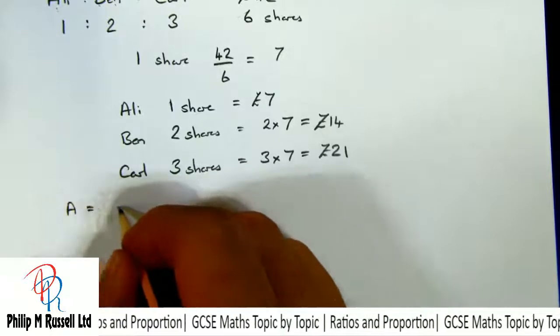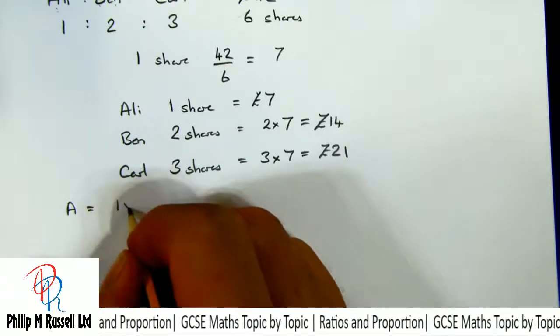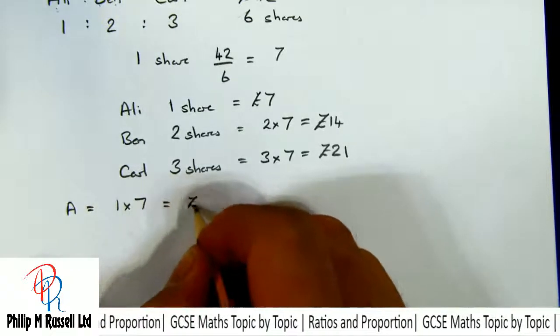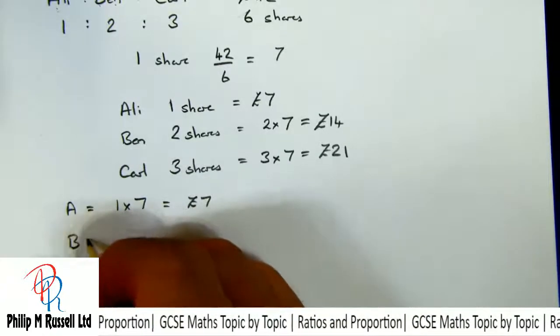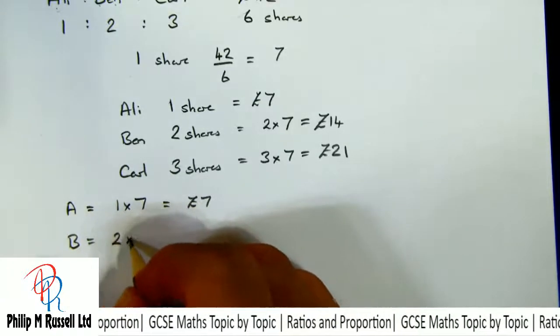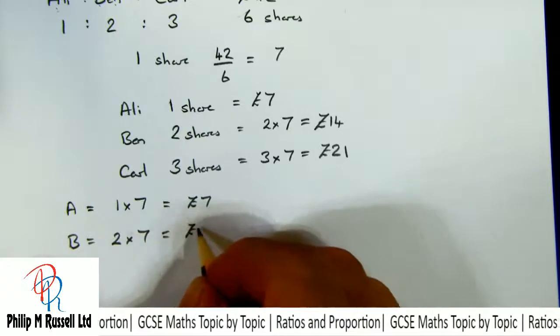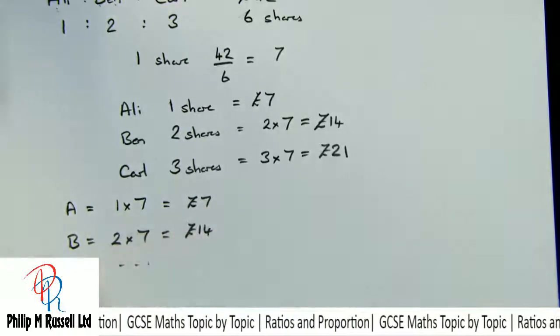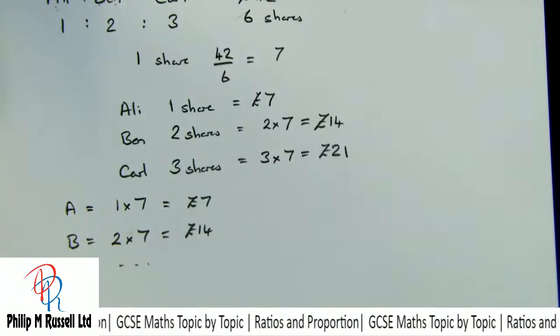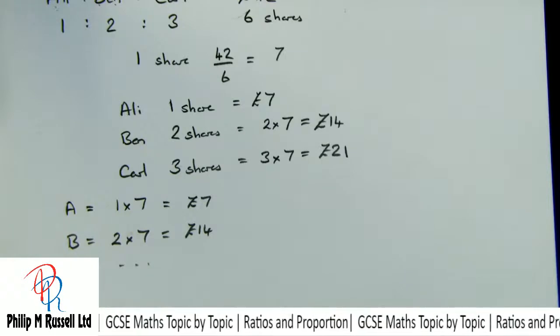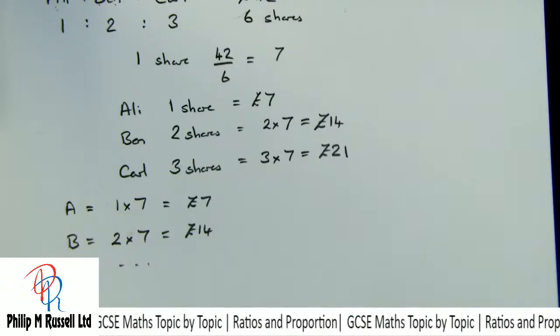I could say A is going to equal 1 times 7, which gives me £7. B could give me 2 times 7, which is £14, and so on. So I can make these a little bit easier if I want to.